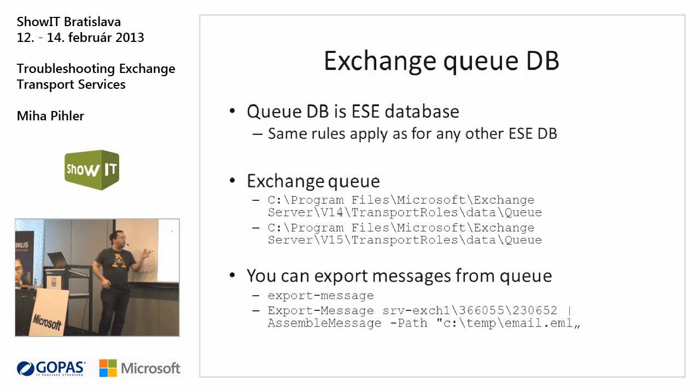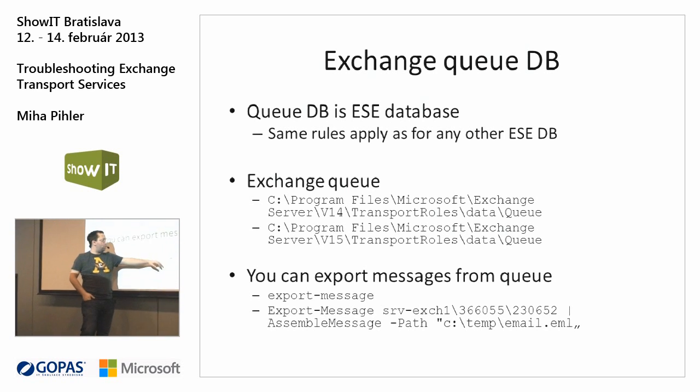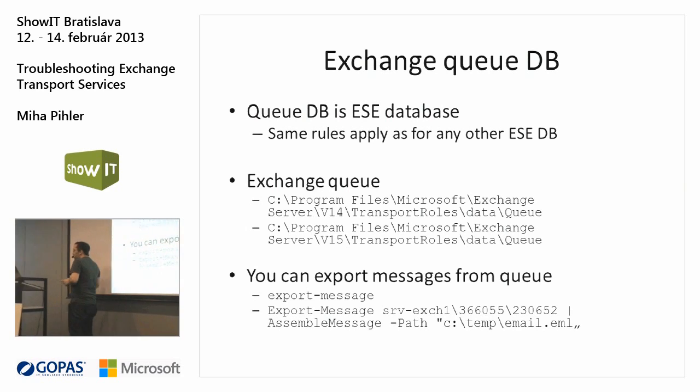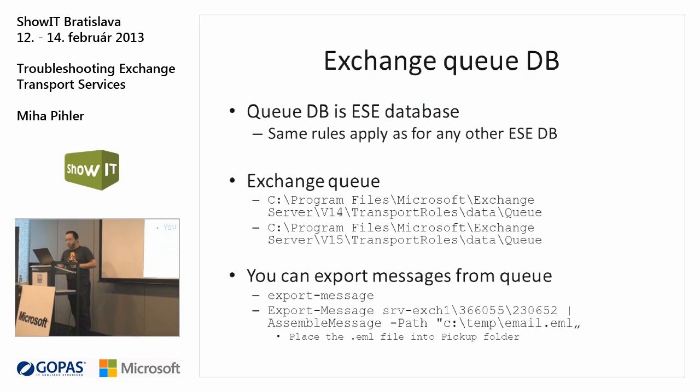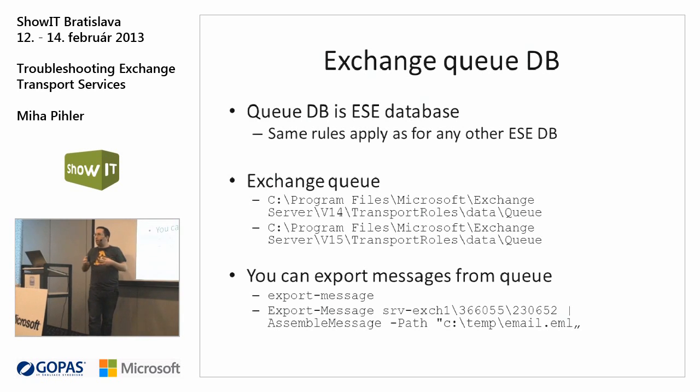Part of this is how you can do it. Export message. You define the server, the queue, and the message, and then you say assemble message, and you enter the path where you want to store it and the name of the file. This is very useful, and actually it came in handy quite a few times. Let's say I had a problematic server. Messages were queuing up, didn't want to go anywhere, we have no idea why. We didn't have a lot of time because messages were piling up.